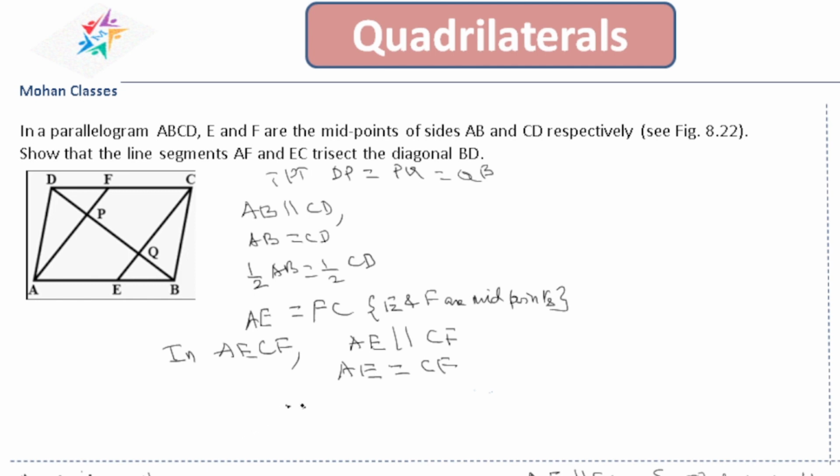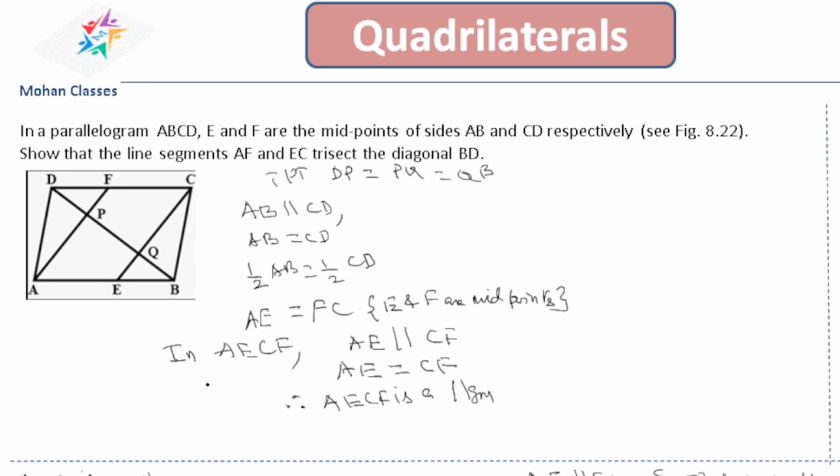Therefore, AECF is a parallelogram. Okay, we are saying AE parallel to CF and AE is equal to FC because E and F are midpoints. So this is a parallelogram.